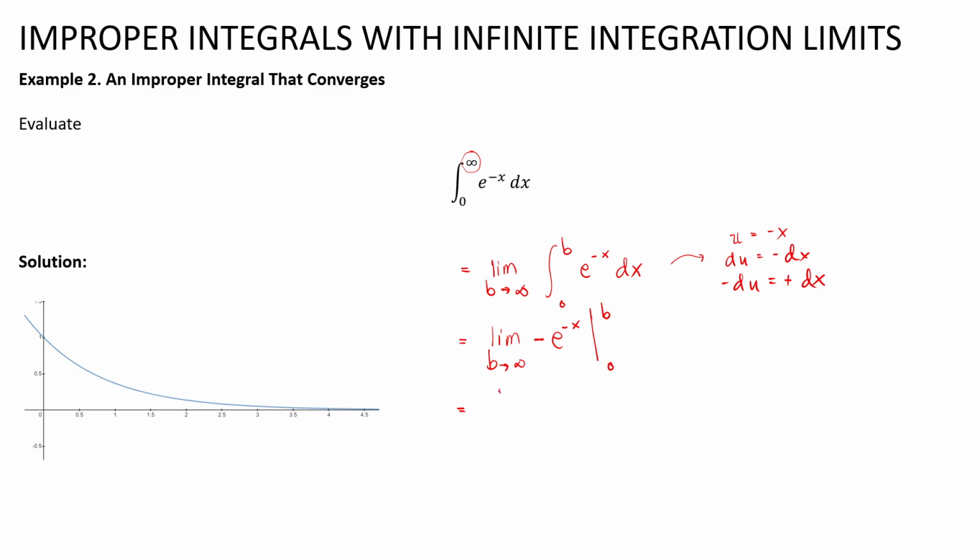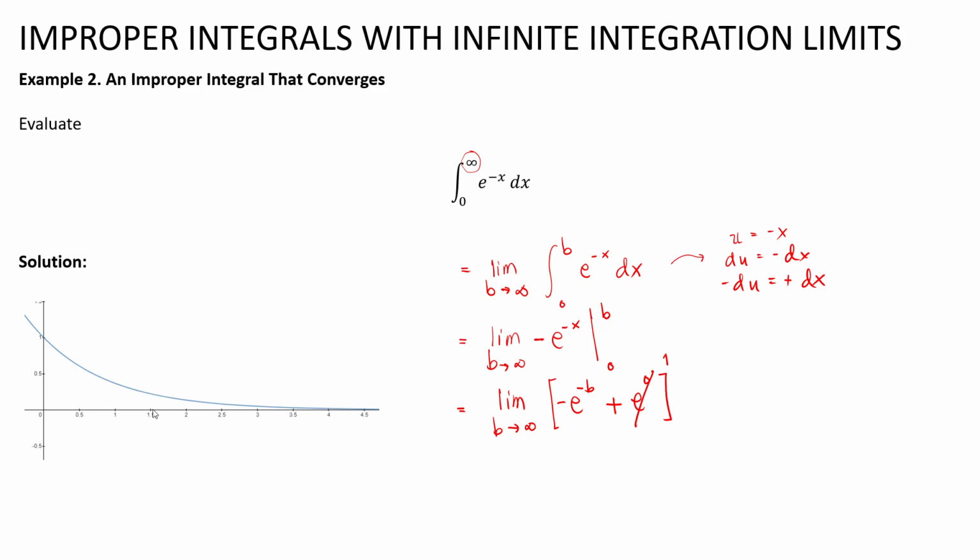So this gives you the limit of b approaches infinity of negative e to the power of negative b, plus e to the power of 0. So e to the power of 0 is equal to 1. And then e raised to negative b.